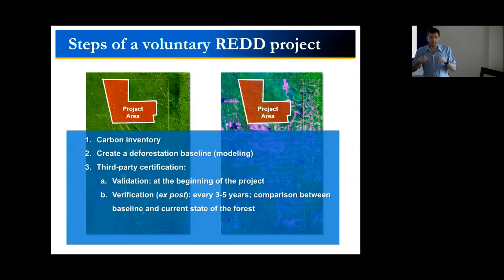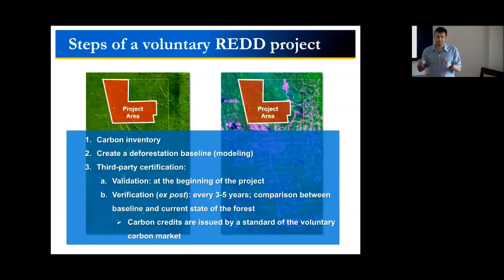And then later on, you have another certification called verification, where the auditors go to the field, see what is happening to your forest, and compare that to your baseline, and based on that difference, they will issue the carbon credit.